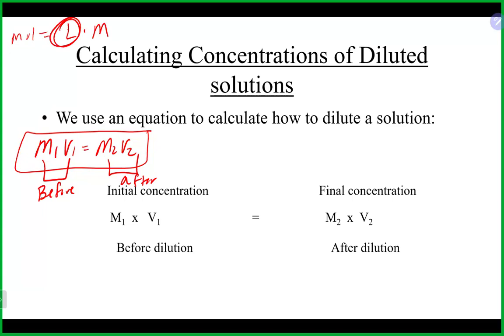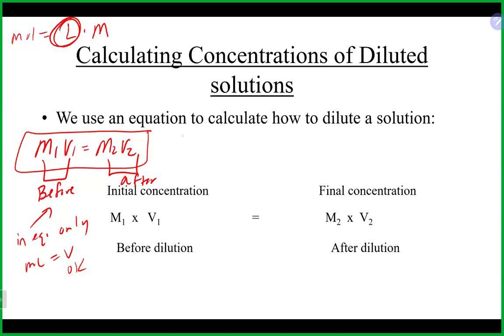It will work out just fine. So in this equation only, if you want to leave volume in milliliters, that's okay. You could also convert it to liters. That will work out as well. It should be okay.